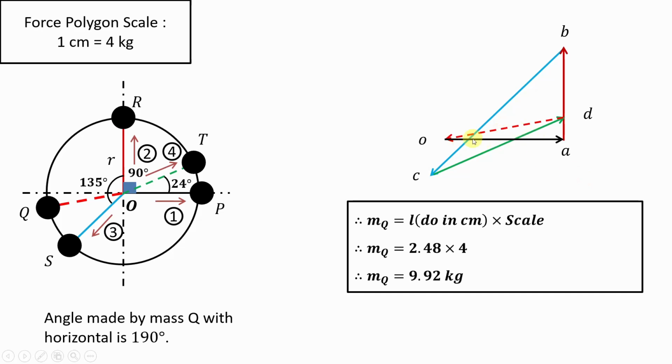Now this length DO will be representing mass MQ, which is unknown. So measure this length DO, it is 2.48, multiply by the scale 4 kg, as we have seen 1 centimeter is equal to 4 kg, so it is 9.92 kg. In this way we can find out the unknown masses to balance the given rotating system.